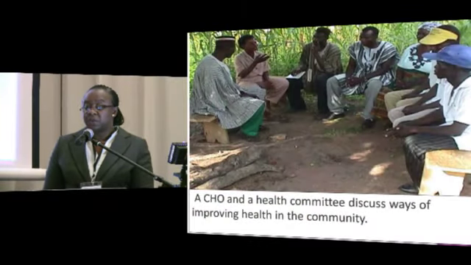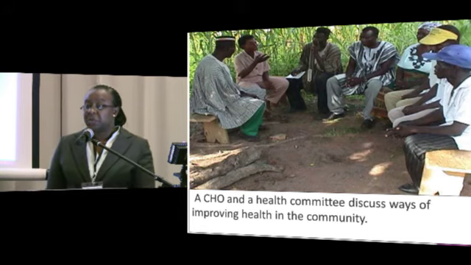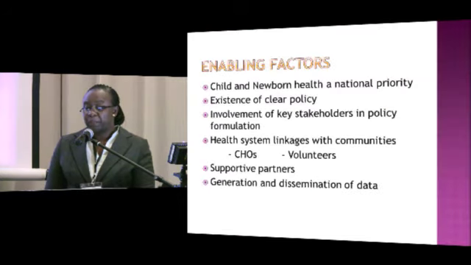This is a picture of a community health officer with a health committee at the village level discussing ways to improve health in the community. Now, what are our enabling factors? The fact that child and newborn health issues are a national priority have helped us to move this far.